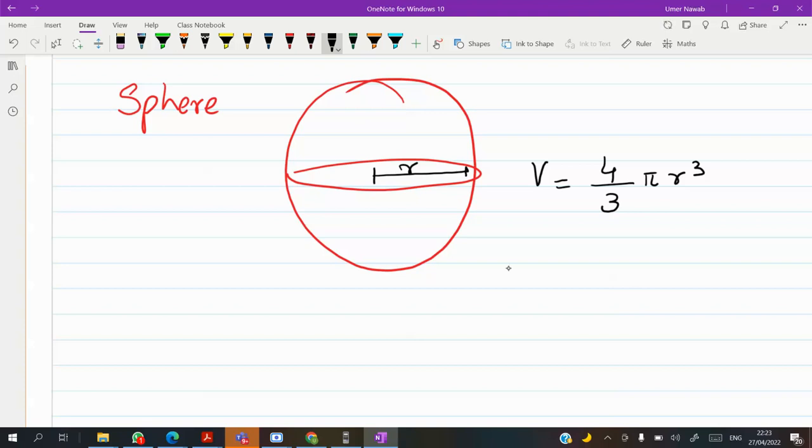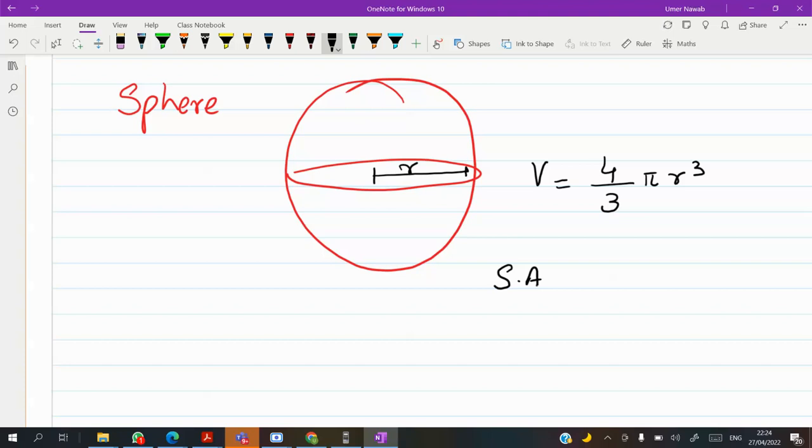The second thing is called SA, which is the surface area. Surface area is the area which is on the sphere, not inside, outside. The cover, which is basically the outer portion, and we don't include the inside portion.